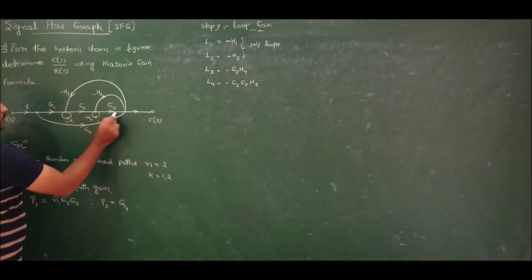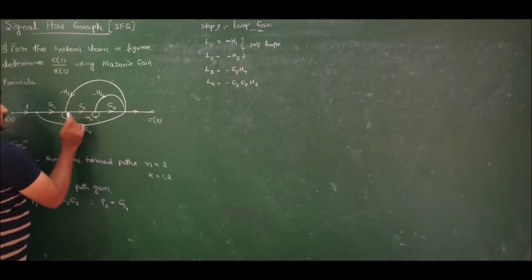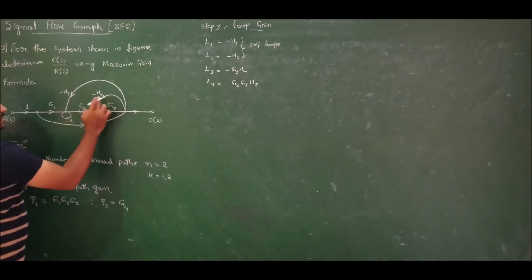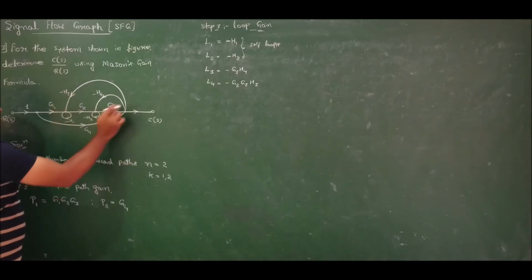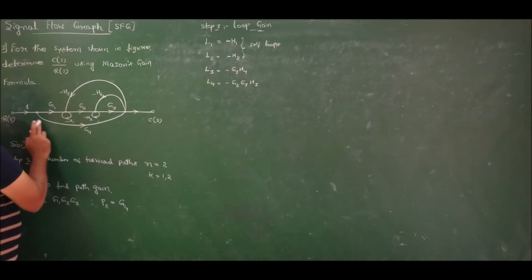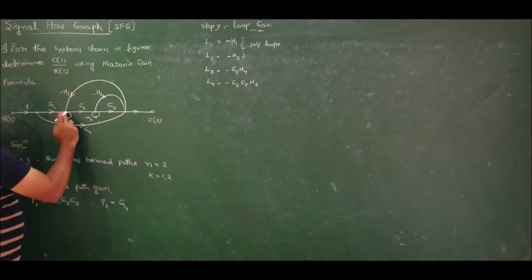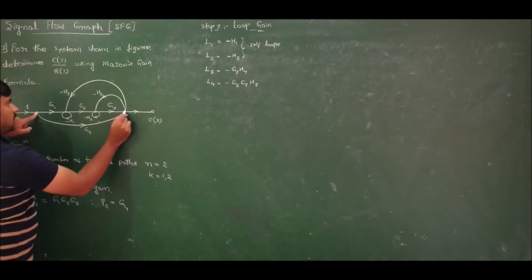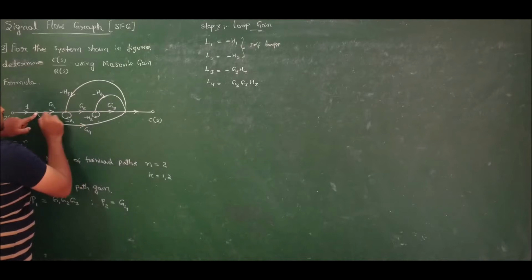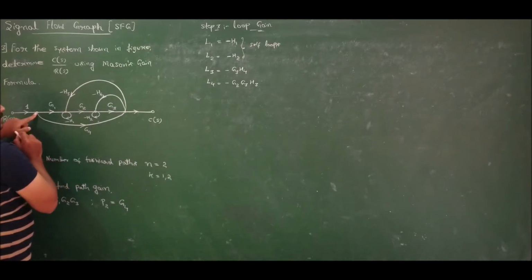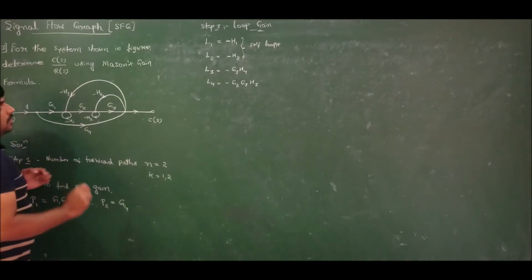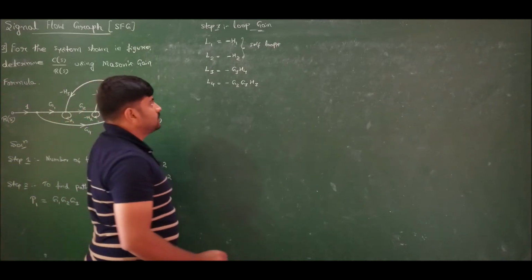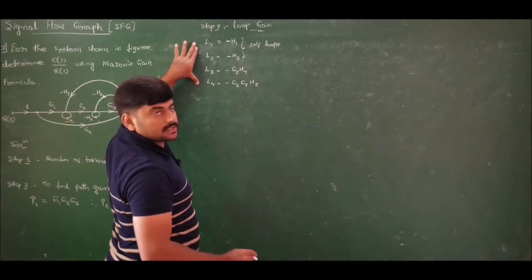This is one more loop. So we have two self loops, one loop g3 minus h4, and another loop g2 g3 minus h3. Are there any other loops? I can't come back. Observe here, if I go like this and come in this way, I can't reach the initial point, so this cannot be a loop. So that's all. We have 4 loops in this problem, and these are the loop gains.